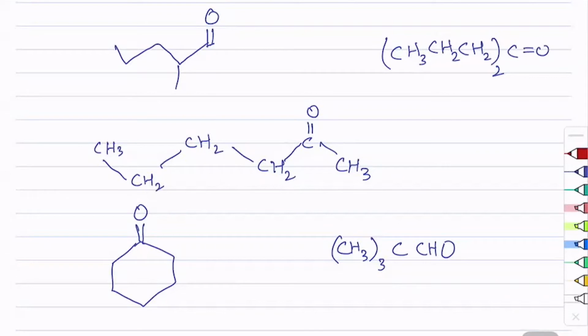So is the first one 2-methylpentanal? That's very good. So 2-methylpentanal. Yep, that's right. And the second one is a hexanone. Let's see, hexan-3-one. Yeah, that's right.